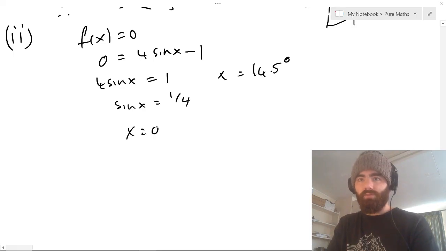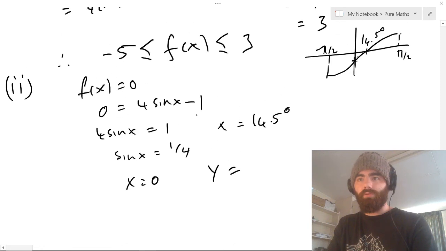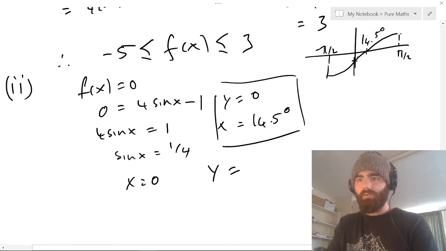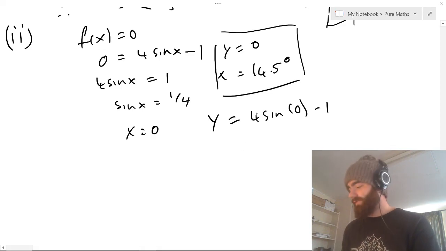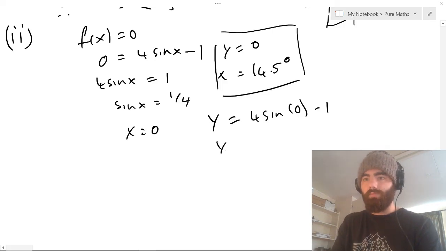And when x equals 0, we get y equals 4 sine of 0 minus 1. Well, sine of 0 is 0, so you get y equals minus 1.